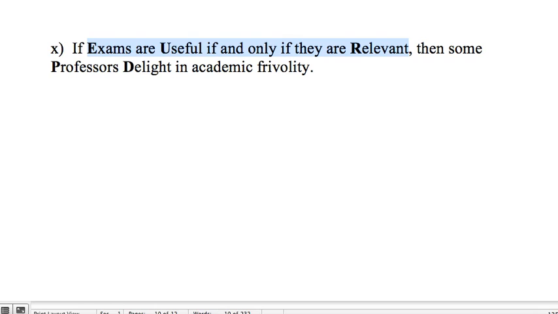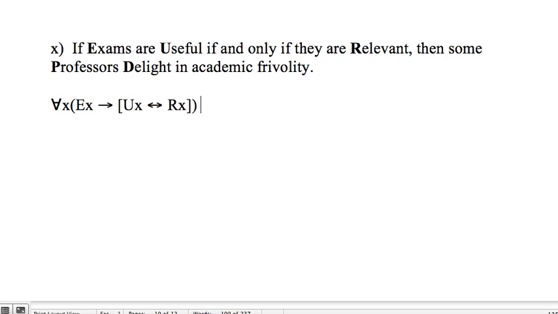That sounds like a universal statement about exams. So our antecedent is going to be, for all x, it's a statement about exams. If x is an exam, then x is useful if and only if relevant.